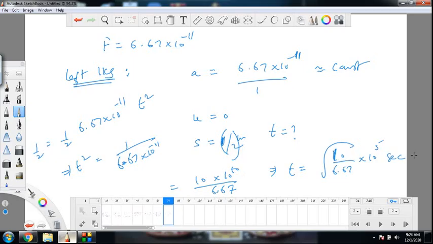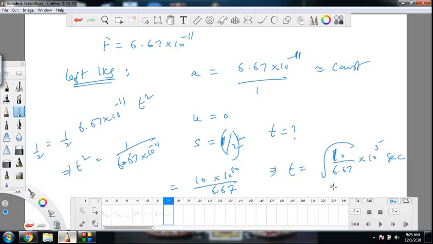So in this time they should meet, or in a much lesser time actually, because as they come closer, the acceleration is increasing. So if I calculate this time, it comes out to be 1.22 into 10 power 5 seconds roughly.